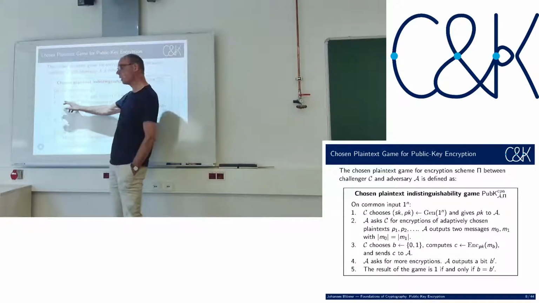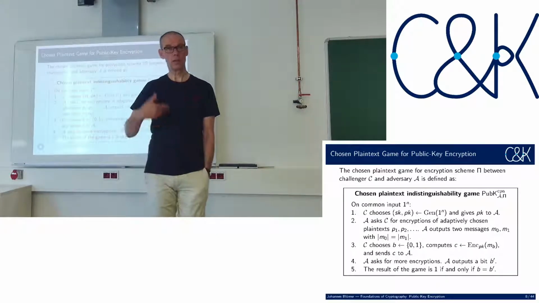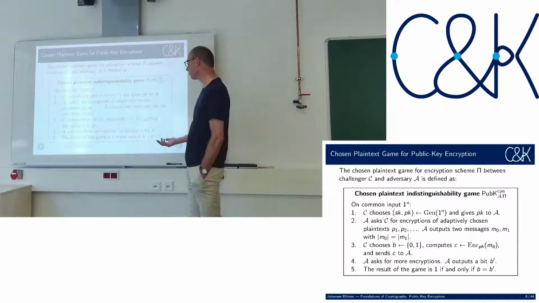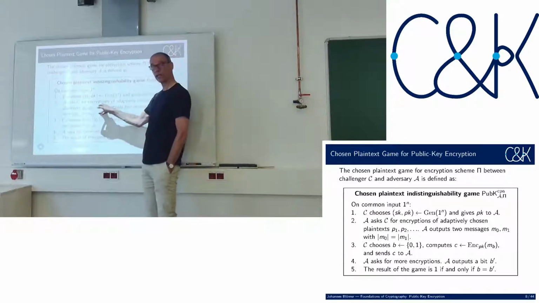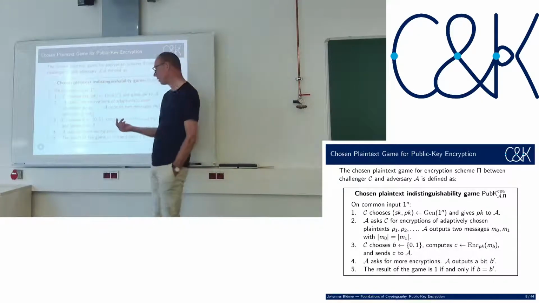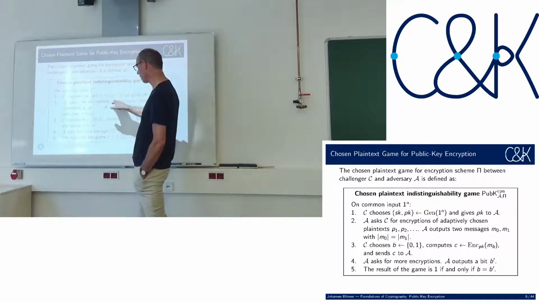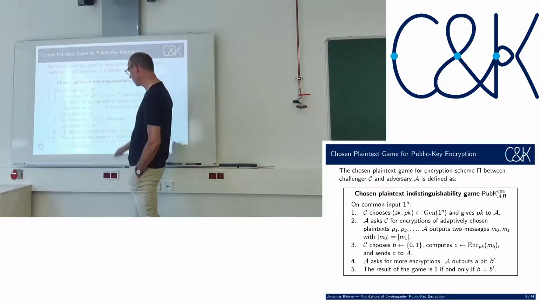We have random choices here because A is a probabilistic algorithm, so it's over the random choices of A as well. Each of the encryptions uses the probabilistic encryption algorithm, so it's over these random choices as well. Okay? And so random choices of A, random choices of the encryption algorithm, random choices of the key generation algorithm.